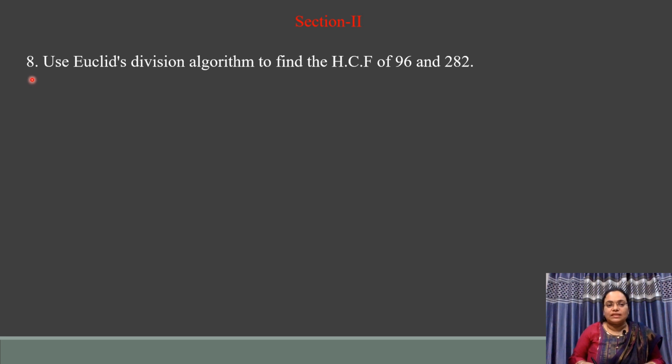The next question is the 8th one. Use Euclid's division algorithm to find the HCF of 96 and 282. a = bq + r, right?